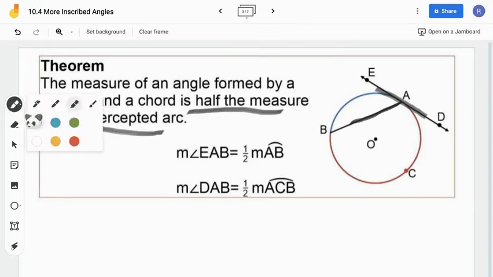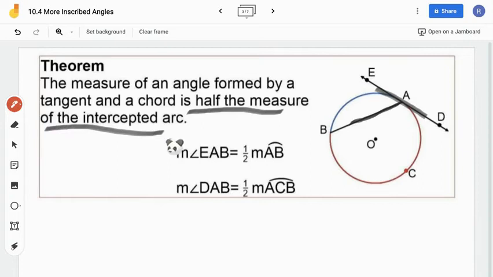So you see 2 different equations here, but they're both telling us that the angle is half the measure of the intercepted arc, which means if we're looking at EAB, whatever this arc is here, EAB is going to be half of it.